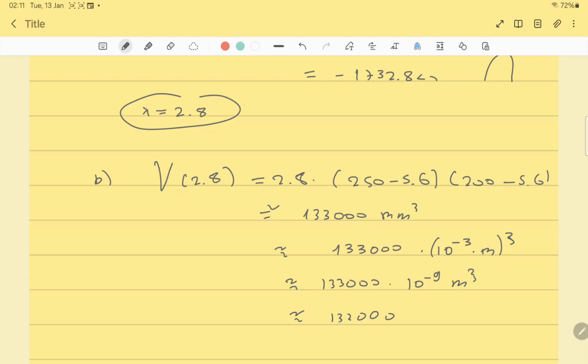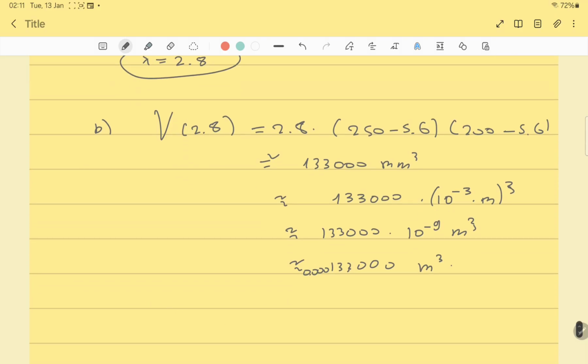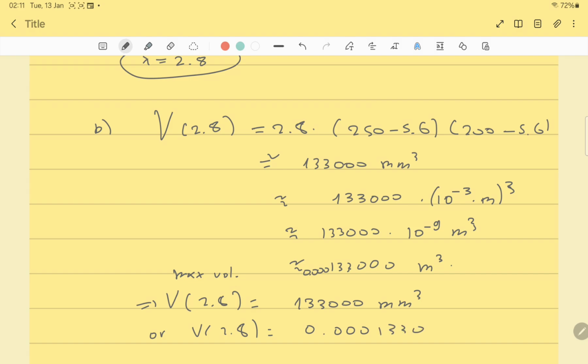So it's 0.000133000 cubic meters. So the maximum volume is going to be 133,000 millimeter cubed, or 0.000133000 meter cubed.